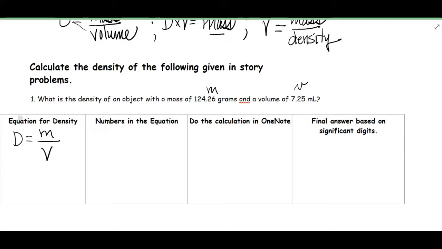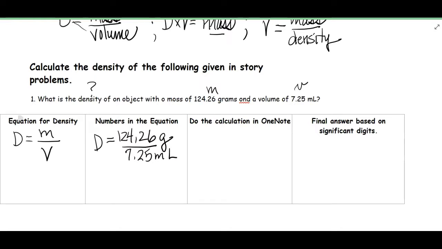Now we're just going to put in the numbers, because density is what we don't know. So the density equals the mass, 124.26 grams. We put the units there as well, and a volume of 7.25 milliliters.